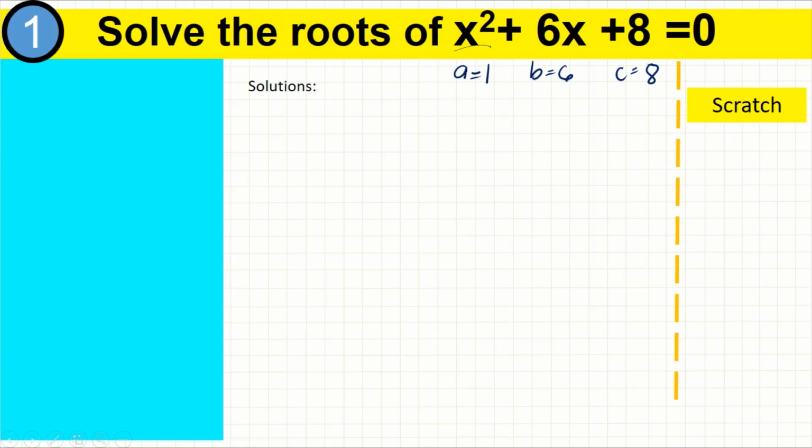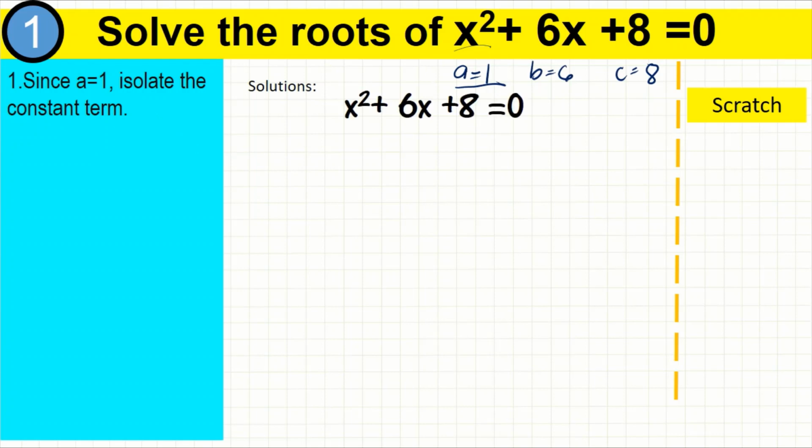So for our solution, step number 1, since A is equal to 1, isolate the constant term. Okay, so we have x squared plus 6x plus 8 is equal to 0. Ililipat natin si positive 8 dun sa kabilang side ng equation. So we will have x squared plus 6x is equal to negative 8.